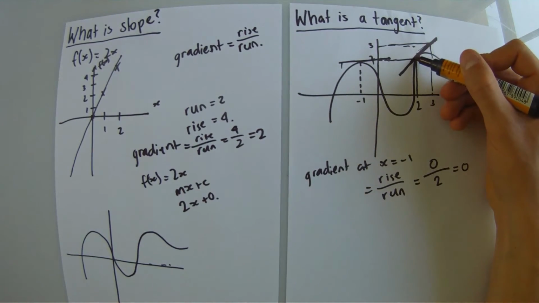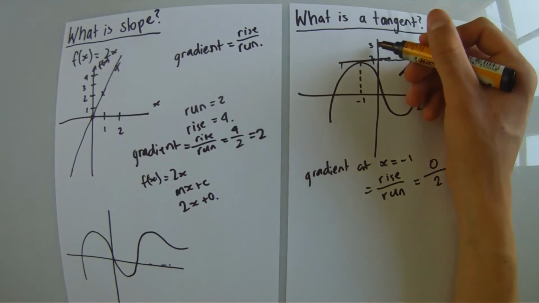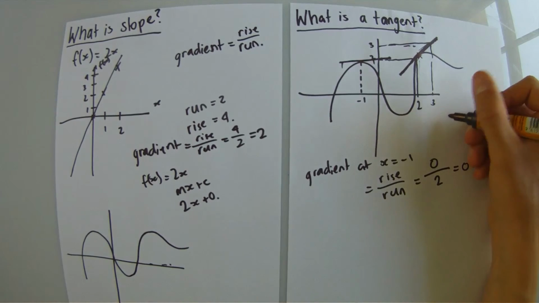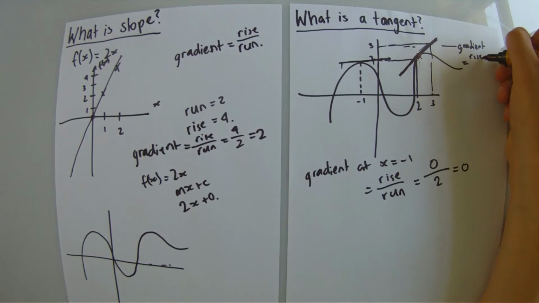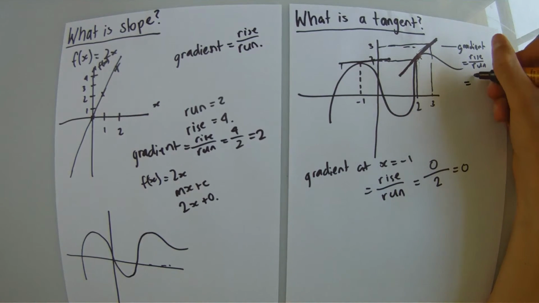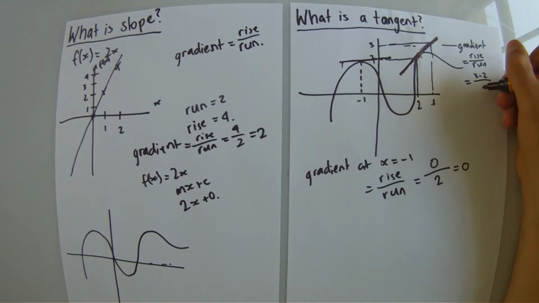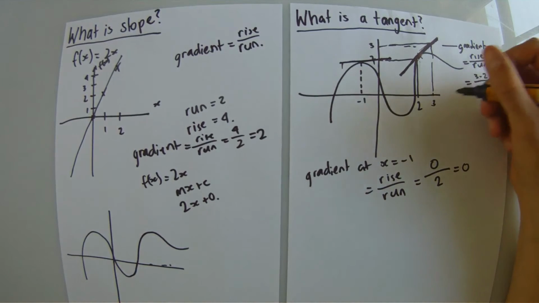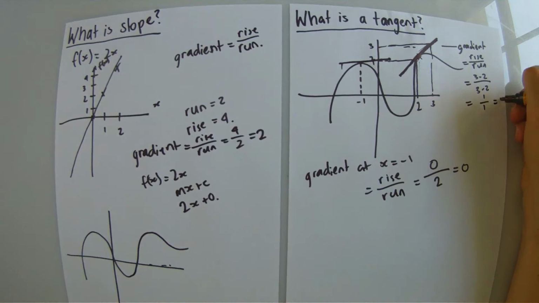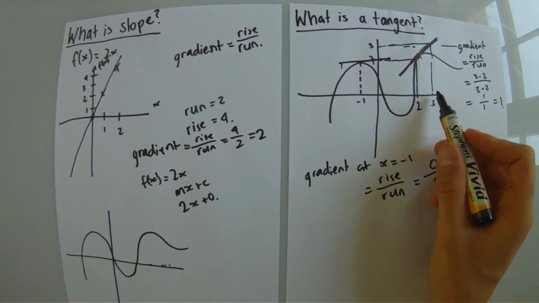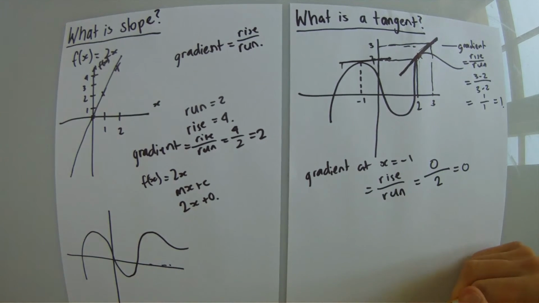The gradient of this line is rise over run, which equals 3 minus 2, so that's how much it rises, it rises by 1, divided by how much it runs, which is also 3 minus 2. So the gradient is 1 over 1, which is 1. So the gradient of this line, at this point here, is just 1.